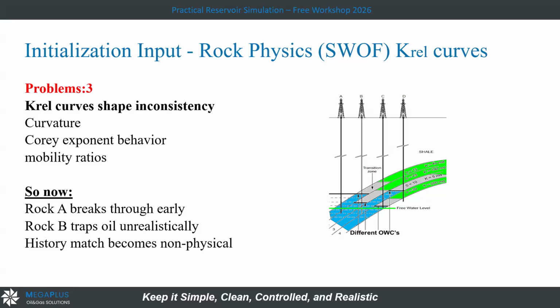So when I run the simulation, it will never run. It will have a lot of errors. Why? Because each rock type has its own capillary pressure and its own relative permeability. So maybe you will find, as here, gas cells facing water cells, an error.